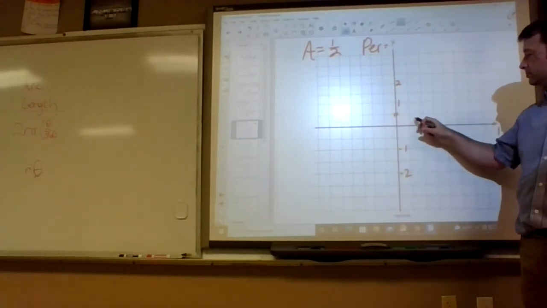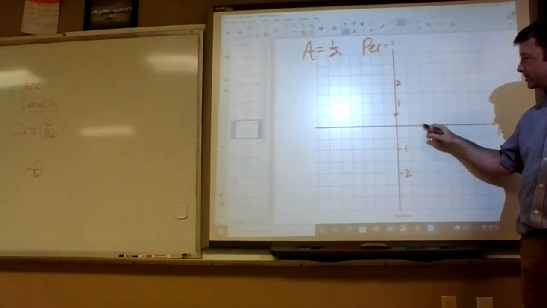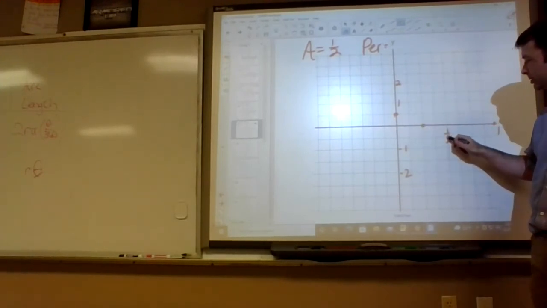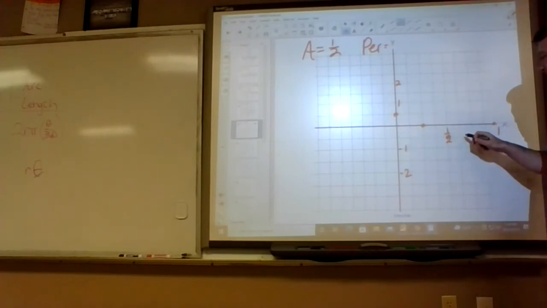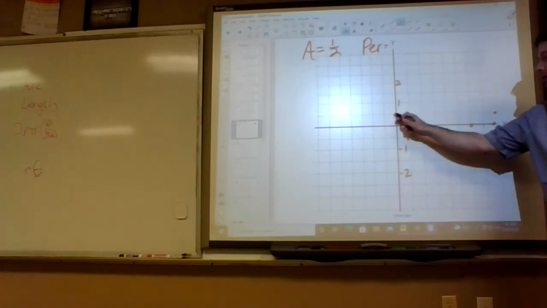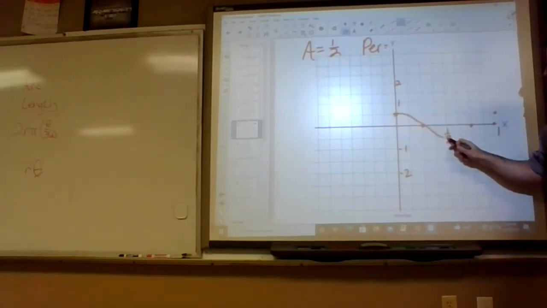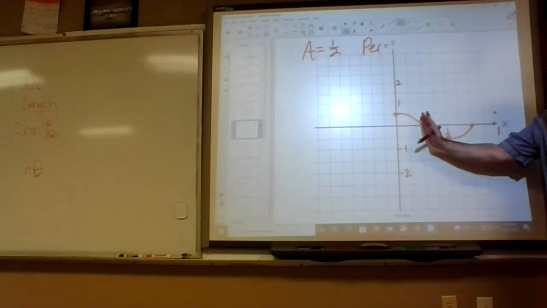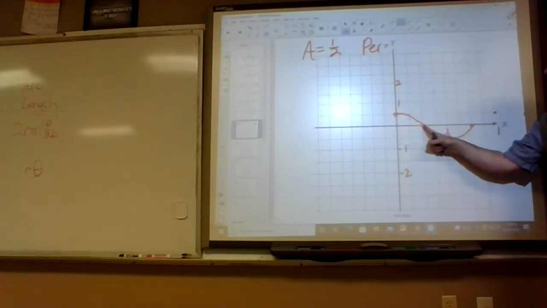At a quarter of the way, it'll be back down to 0. At another quarter, it'll be down to negative a half. At another quarter, it'll be back up to 0. And another quarter, it'll be back up again. Just think of this in fourths. After 1/4 of the period, it moves 1/2 in this case.